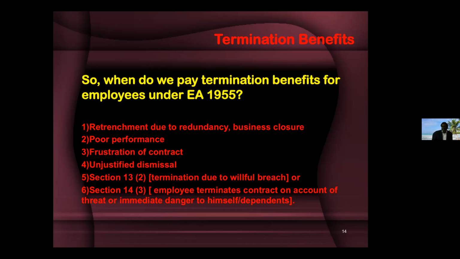So yes, that becomes a frustrating event, and once the employee passes away, the employment contract becomes frustrated. Are you bound to pay termination benefits to the next of kin? That is highly questionable. Like I mentioned just now, frustration of contract is a disputed aspect, whether it's payable or not.